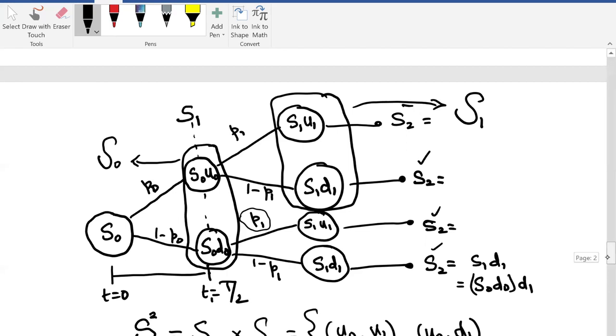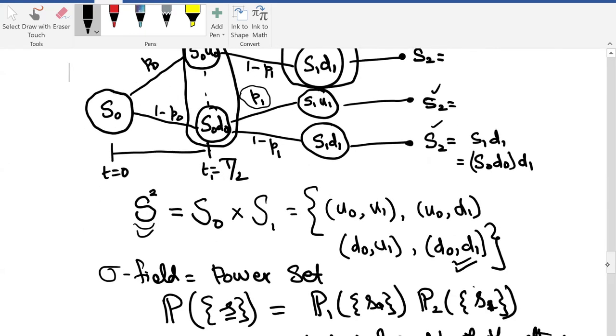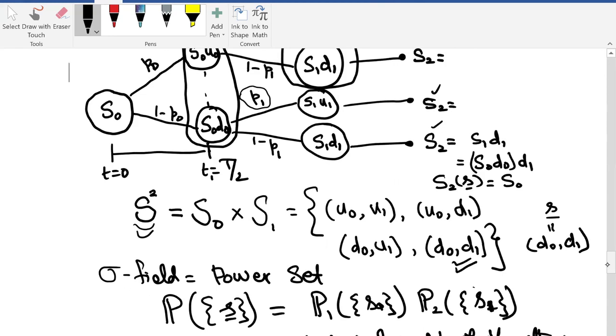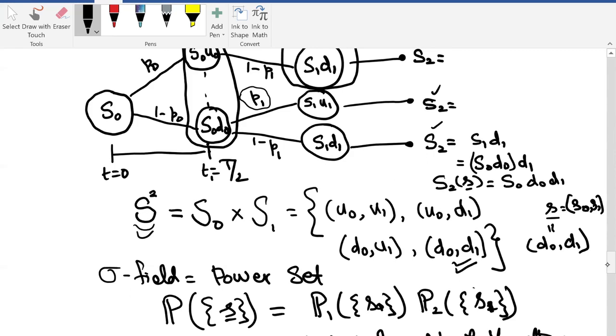That is when this possibility happens. Therefore, if you have an element D0, D1, then let us call this vector s. Then S2 of s is S0 of each of its components, that is D0, D1. If s is taken as S0, S1, then it is S0 into S0, S1.